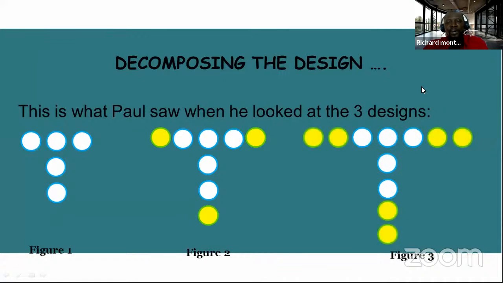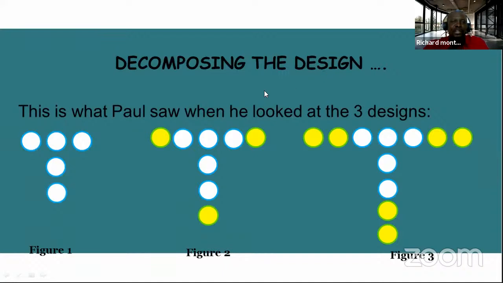So if we're following this example, would he get the number of dots that would be in figure 4? What would he say? 5, and how much would be added in this example? All right, wonderful.